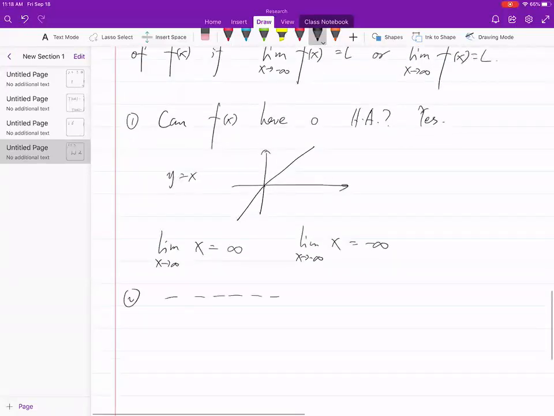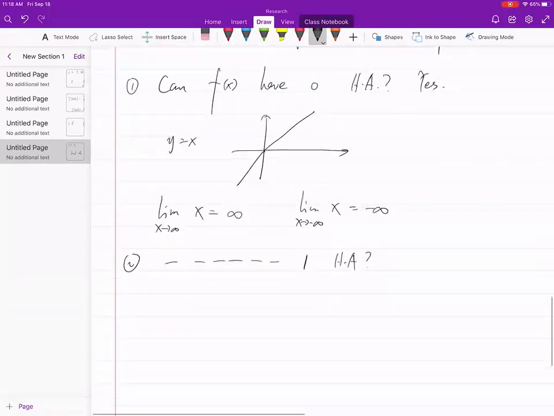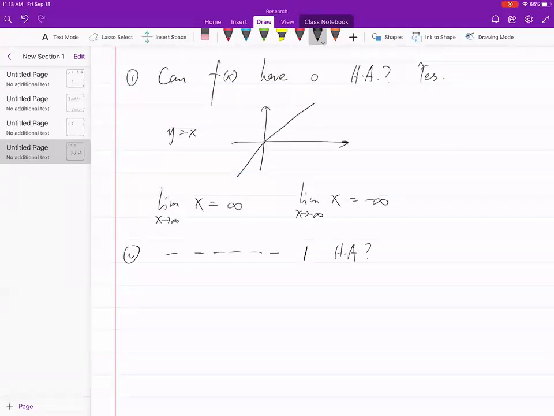Then, can f(x) have exactly one horizontal asymptote? Let's try this. Yes or no? One horizontal asymptote. Justin, you said yes. Yeah, I said yes.